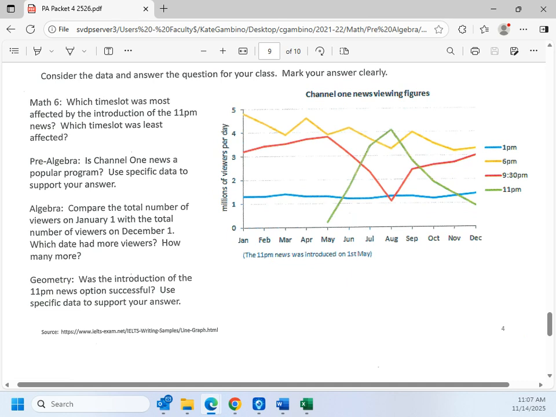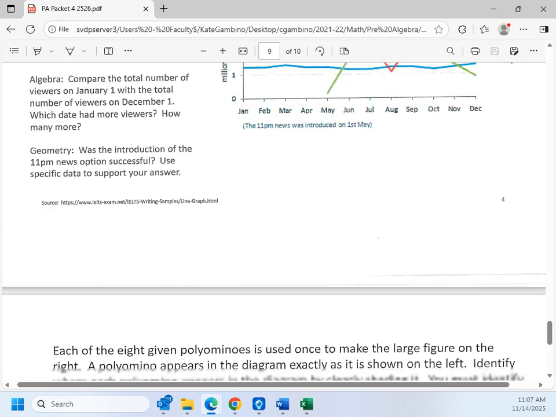Write out an answer using the data from our graph to answer the question, do you think Channel 1 News is a popular program? You're gonna say yes or no, and then explain why.